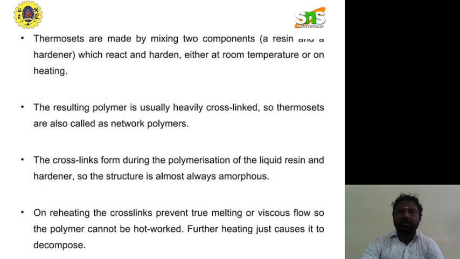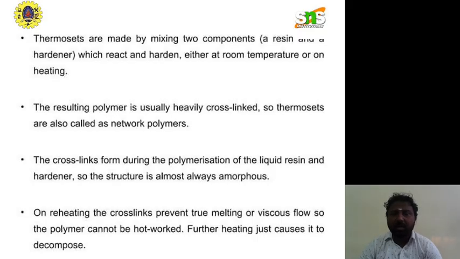Thermosets are made by mixing components which react and harden either at room temperature or on heating. Okay, the resulting polymer is usually heavily cross-linked.